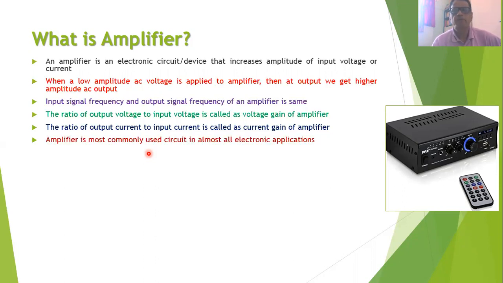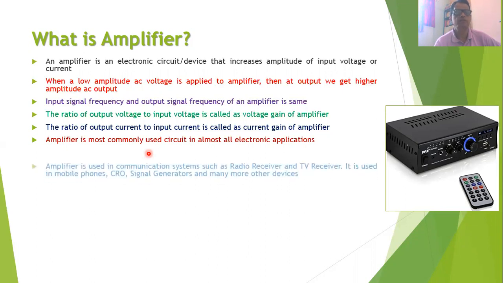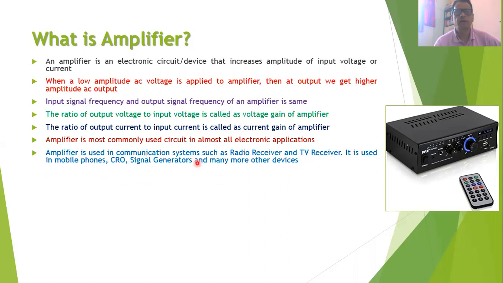You will find that the amplifier is a very popular electronic circuit, and probably this is the only circuit which is used almost in all applications or in all electronic devices. Say for example, when we use a radio receiver to hear radio programs, or when we use a television receiver to see TV programs, then you will find that both will contain the amplifier circuit.